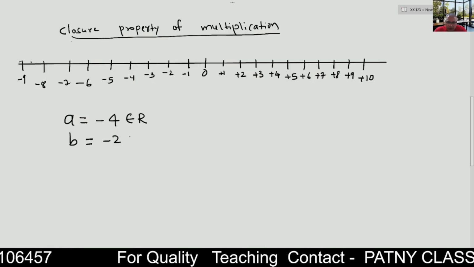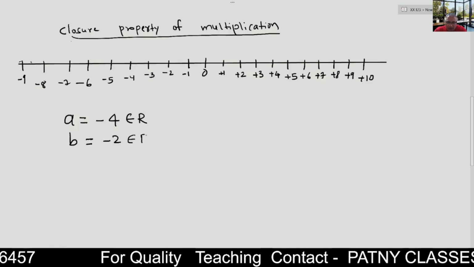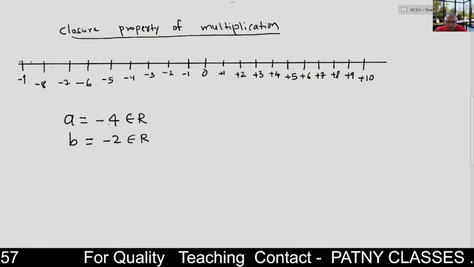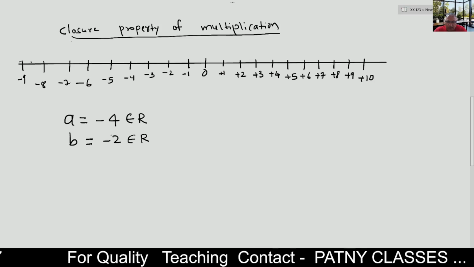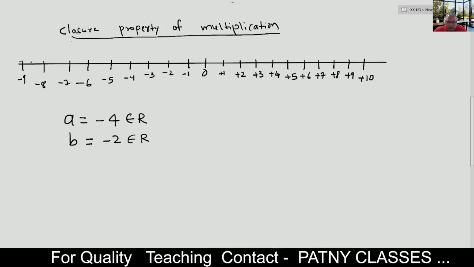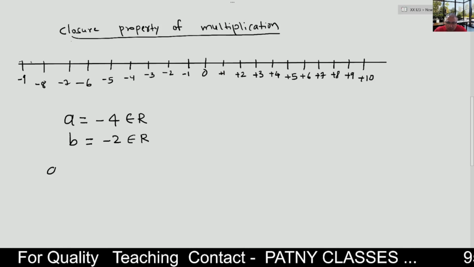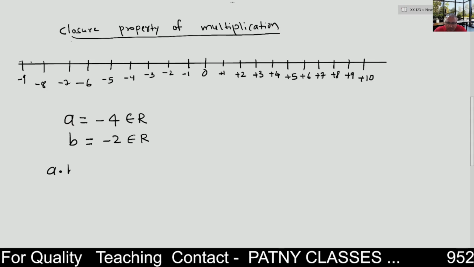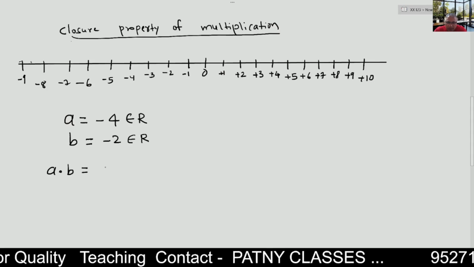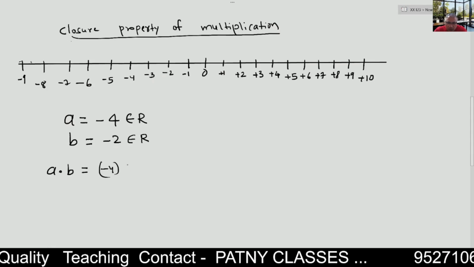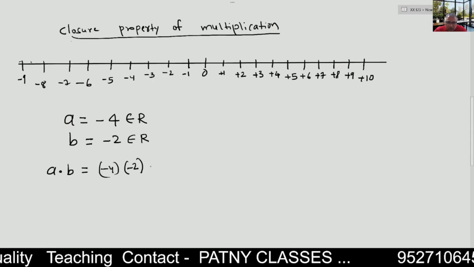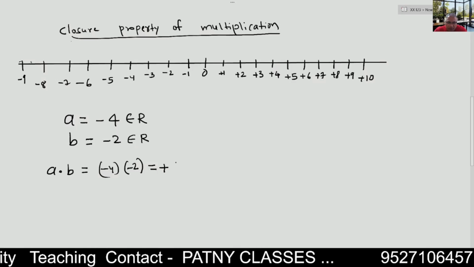B equals -2. That is also a real number. Now suppose we multiply A, B, that is A dot B equals -4 multiplied by -2 equals +8.